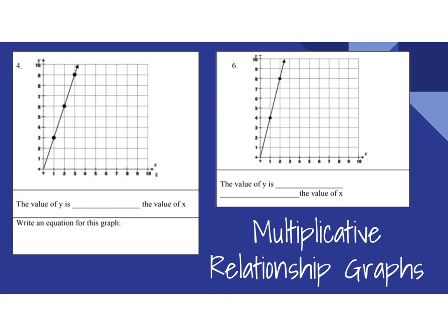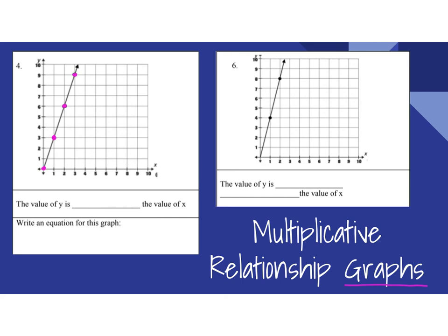Last, we'll identify multiplicative relationships from graphs. In our graph on the left, we see some points that are already plotted. I see the point 0, 0, 1, 3, 2, 6, and 3, 9.